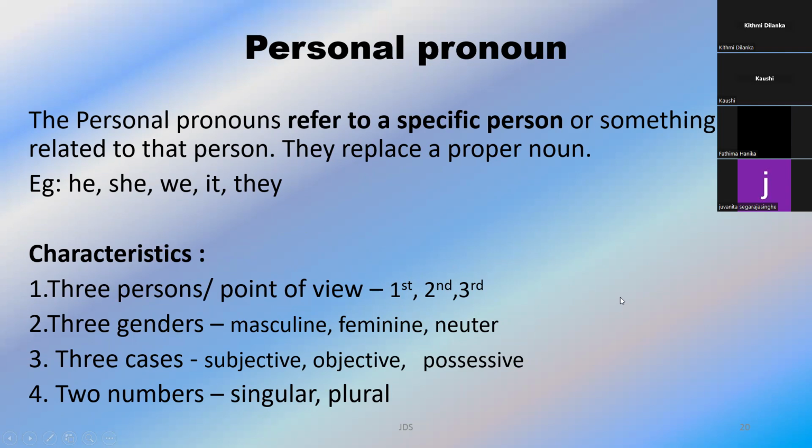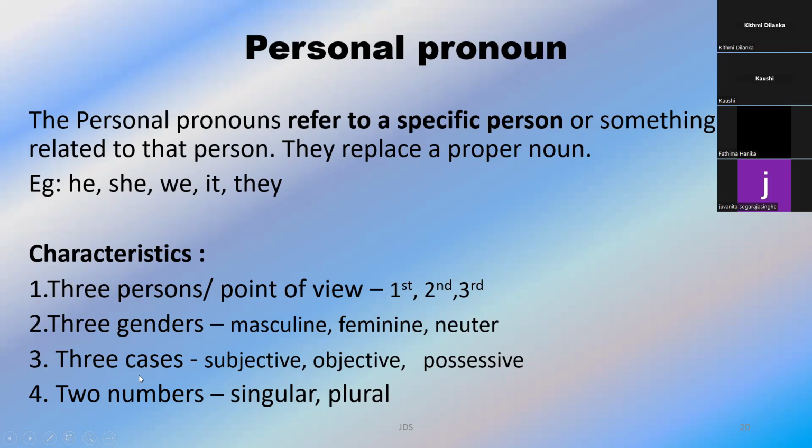Certain nouns like doctor, teacher are considered to be neuter. They can be used with either male or female. So the pronouns have masculine, feminine, and neuter gender.